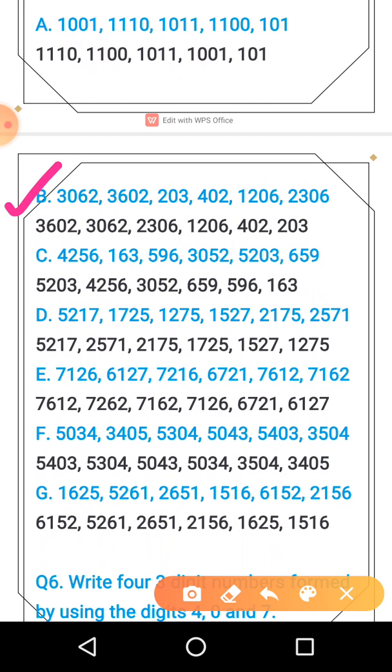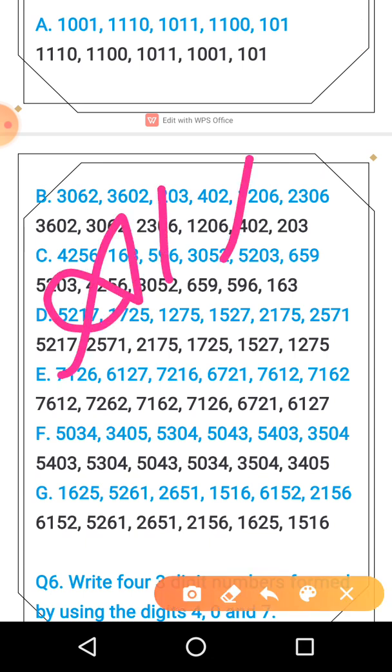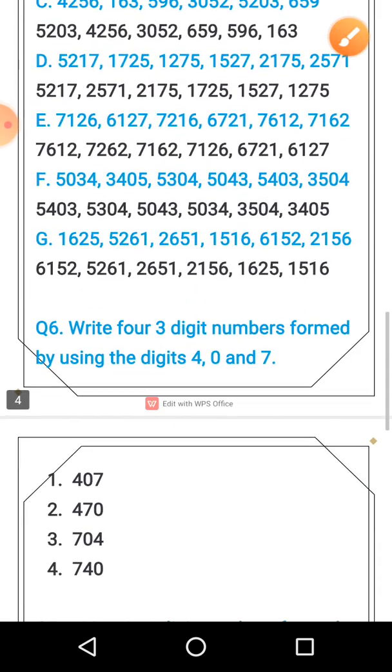So the largest number is 3602, then we have 6000, then we have 3062, then 2306, then 1206, then 4002, and in the last 203. So if you know the counting very well, then ascending and descending orders are like a cupcake for you.